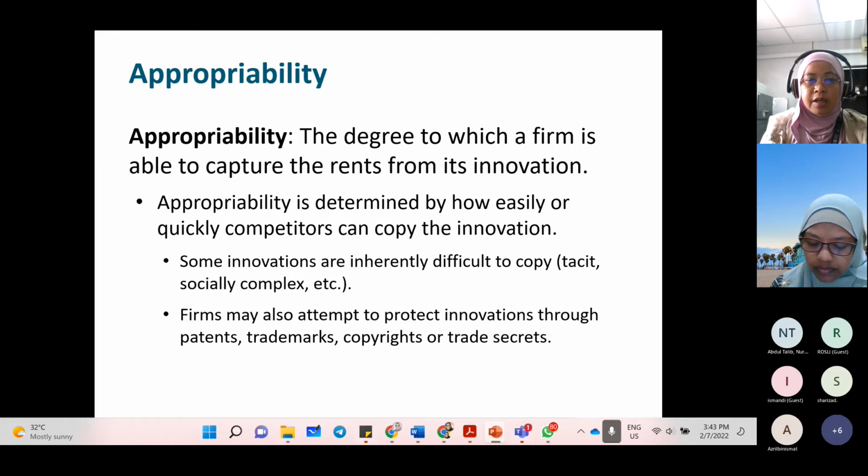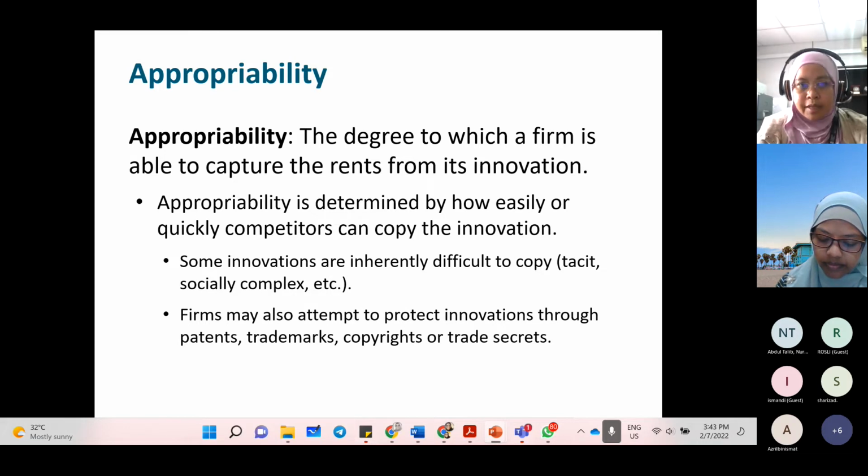You are using it regularly, but you need to keep renewing the license. Those are situations where the product falls under this category, appropriability. But to do that, of course, a firm also needs to secure the patent, trademark, copyright, and also the trade secret.